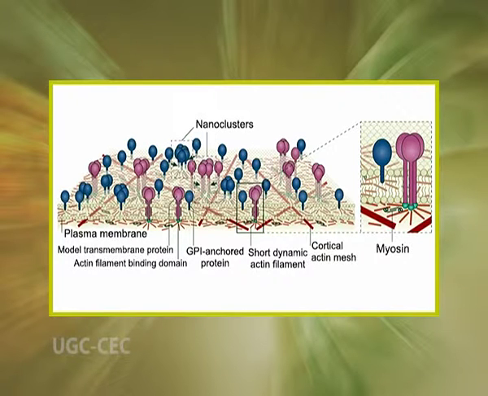Actin filaments are highly concentrated at the periphery of the cell, where they form a three-dimensional network beneath the plasma membrane. This network of actin filaments and associated actin binding proteins determines cell shape and is involved in a variety of cell surface activities, including movement.